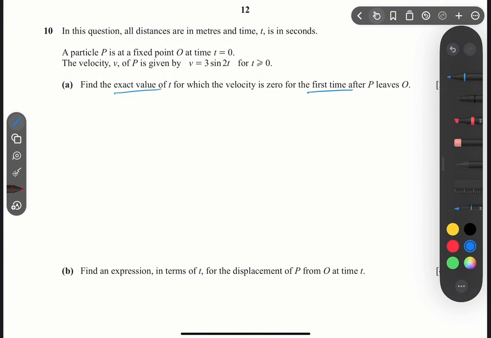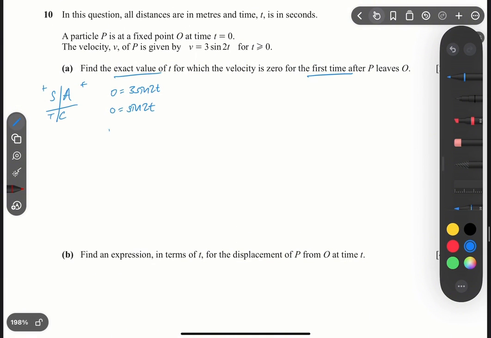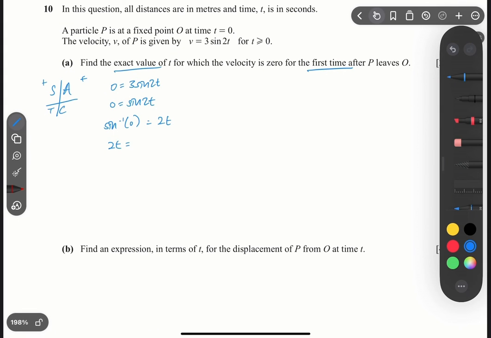So velocity 0, 3 sine 2t. If you rearrange, sine 2t equals 0. And sine will be positive in the first and second quadrant. So if you plug this into the calculator, you should be getting 0 and pi.